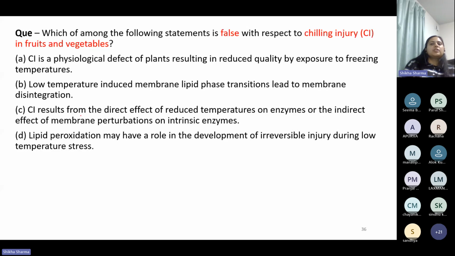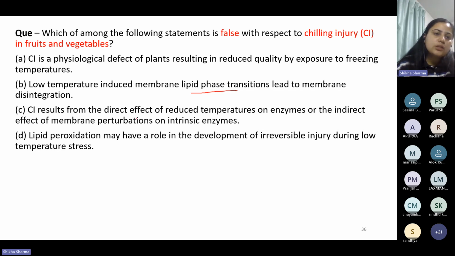Next question is about chilling injury. Which of the following statements is false with respect to chilling injury in fruits and vegetables? A: Chilling injury is a physiological defect of plants resulting in reduced quality by exposure to freezing temperatures. B: Low temperature induced membrane lipid transitions lead to membrane disintegration.